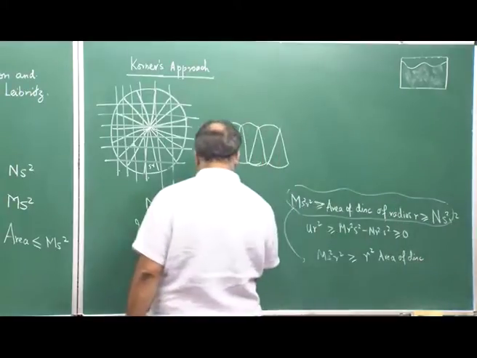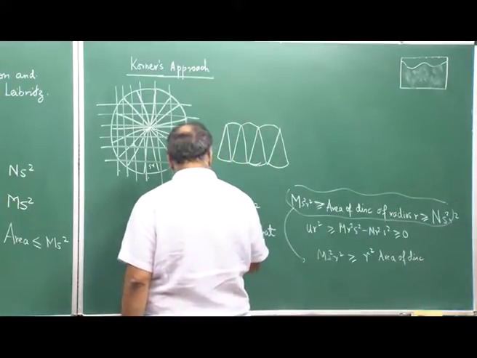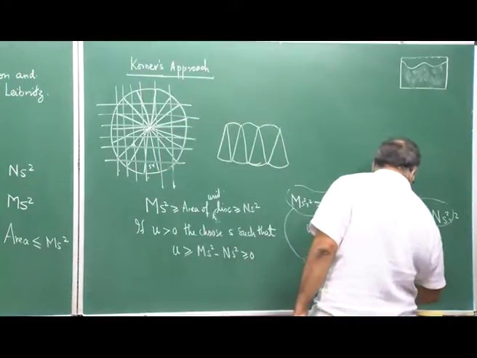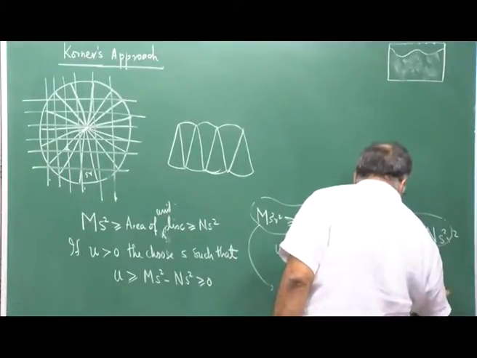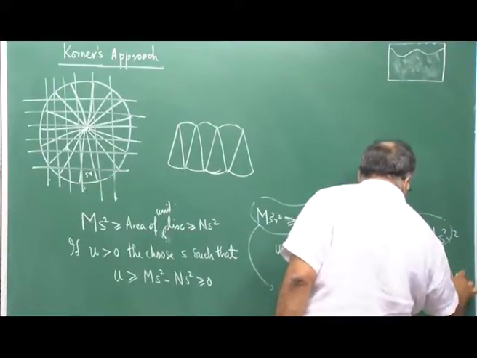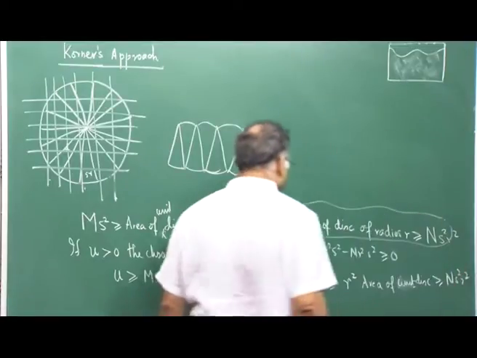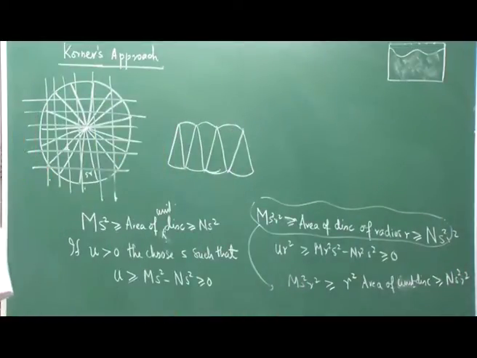A disc of radius 1 is also called a unit disc. So the area of the unit disc is greater than N S square R square. So this is what I will have.